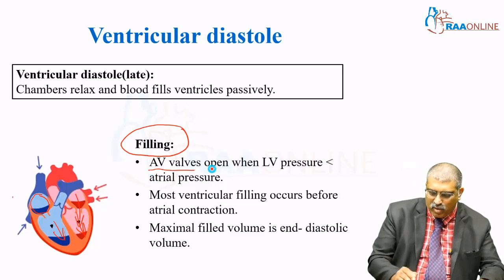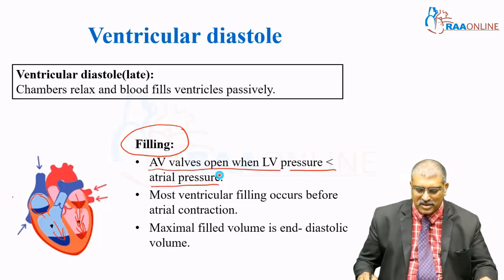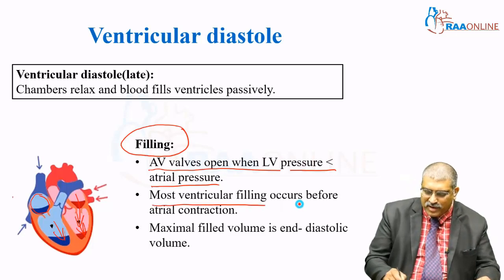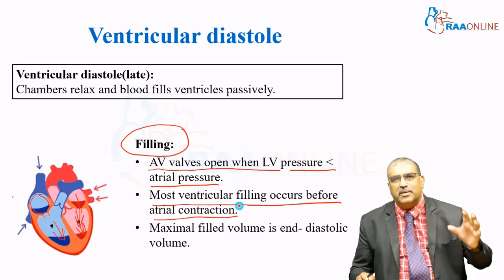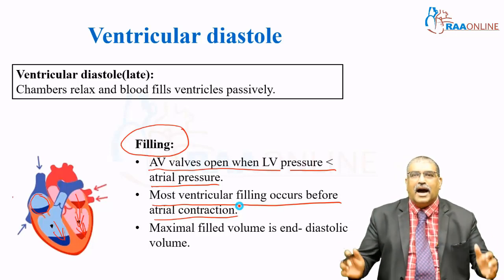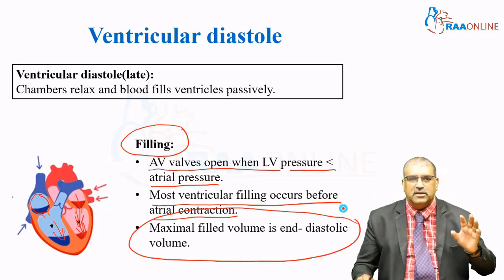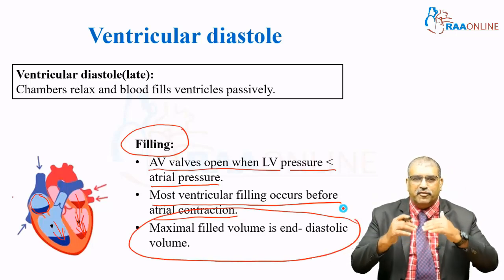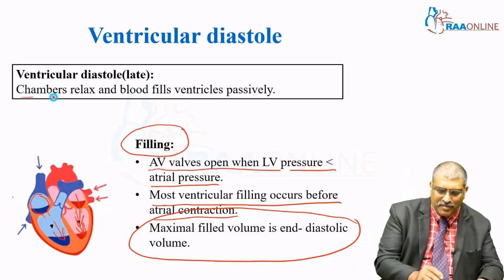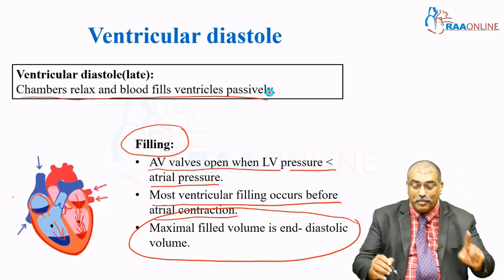The AV valve opens when the LV pressure is less than the atrial pressure, and most ventricular filling, almost 60 to 70%, occurs before atrial contraction, and the maximum filled volume is called the end diastolic volume, or the end of the diastole. Here the chamber relaxes and the blood fills the ventricle passively.